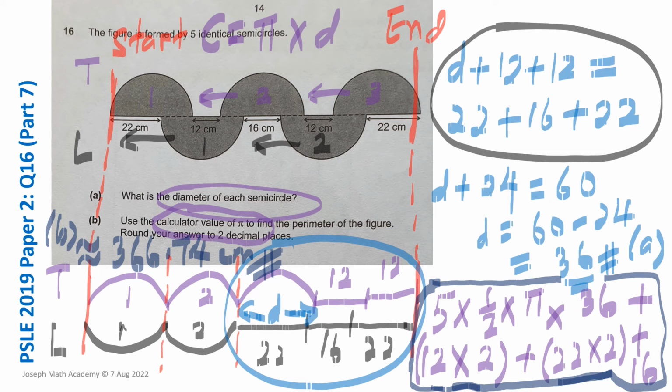Then you press your equal sign and read off from the LCD screen on your calculator, 2 decimal places, and you should obtain 366.74. And that is the answer for 16B. Question 16 is completed.